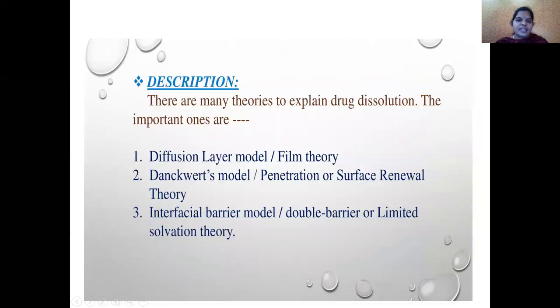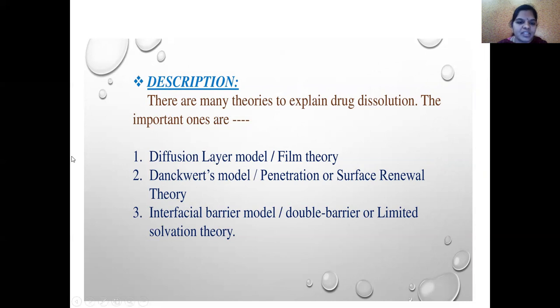Next, there are three major types of dissolution theories available. First, the diffusion layer model or film theory. Next, the Danckwerts model or penetration or surface renewal theory. And the third one is the interfacial barrier model or double barrier, also called limited solvation theory. These are the three of the many theories explained for drug dissolution.